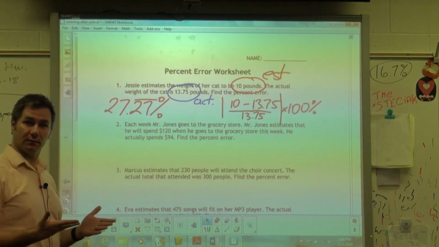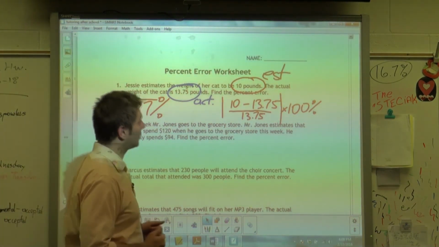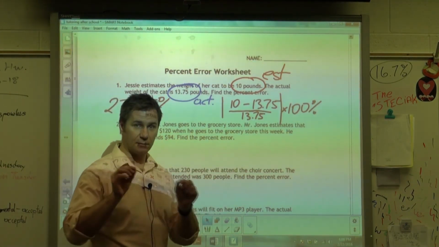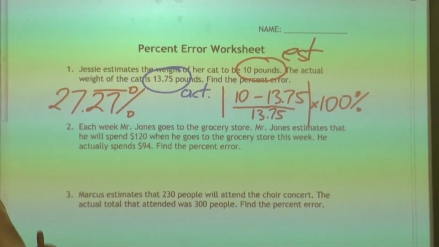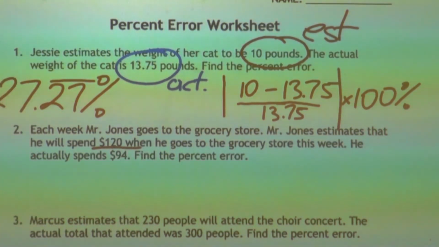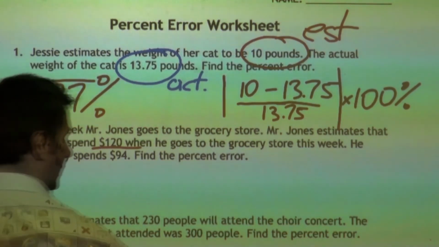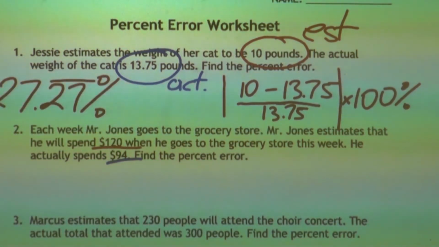Let's do the next one. Each week, Mr. Jones goes to the grocery store. Mr. Jones estimates, again, the word estimates points out what we're looking for, that he will spend $120. So let's assume that this is our estimate. When he goes to the grocery store, he actually spends $94. So that's his actual spending. Find the percent error. Let's put this all together.